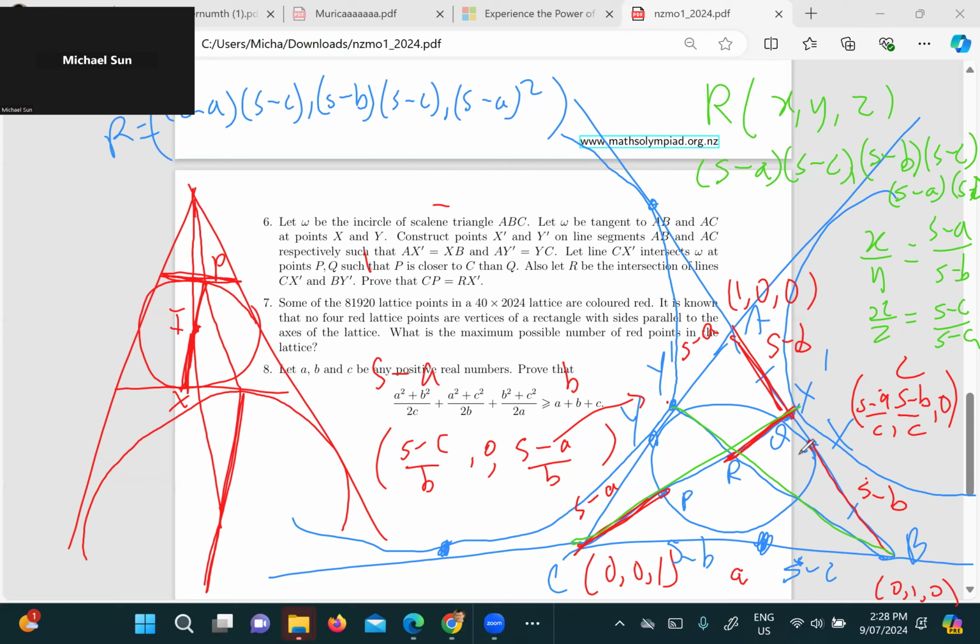Okay, so maybe we want to check that if A is here and B is here, and we have a point X, Y, and the coordinates are X, Y, 0, with some normalization.